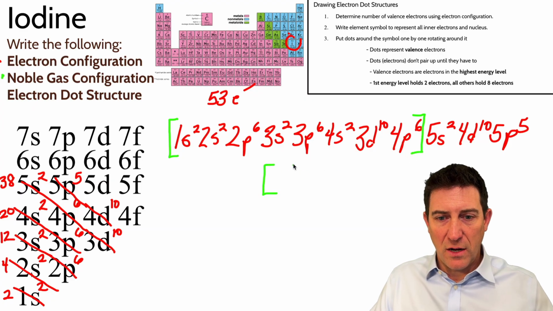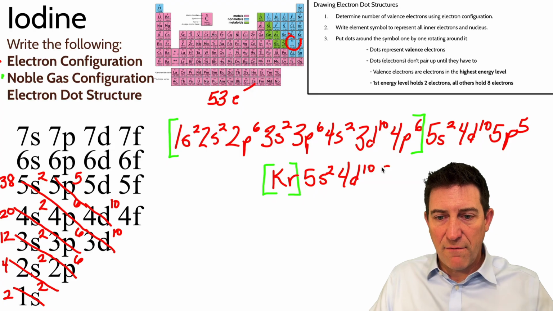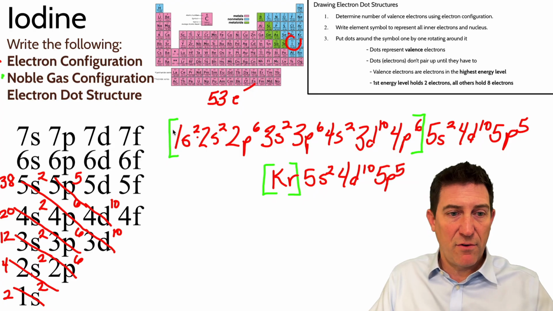So krypton has 36. We'll put Kr here, and then I'll write the remaining 5s2, 4d10, 5p5. Good, noble gas.